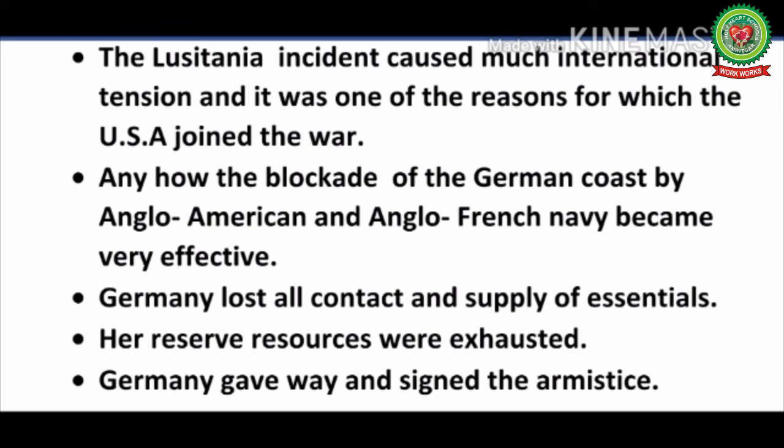Germany gave up and signed the armistice. Armistice here means a peace treaty where a country surrenders and signs a peace treaty with the winning countries. With the surrender of Germany, the First World War came to an end and the Treaty of Versailles was signed between the winning and losing countries.